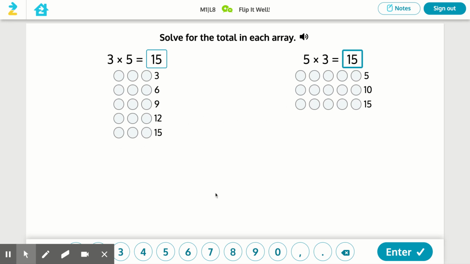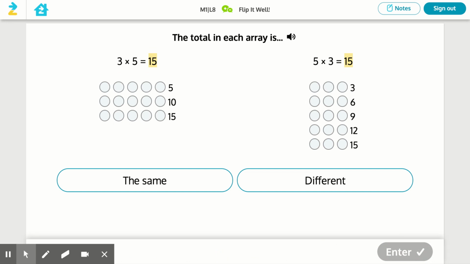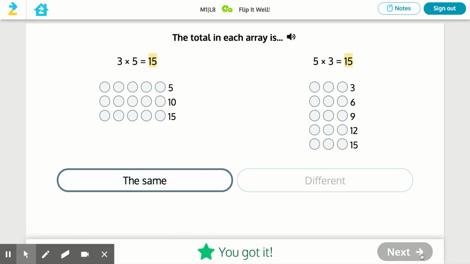There are 15 total counters, and we found that out by skip counting. Now, the total in each array, is it the same or is it different? Tell me in your Nearpod now, please. That's right. The totals are the same.